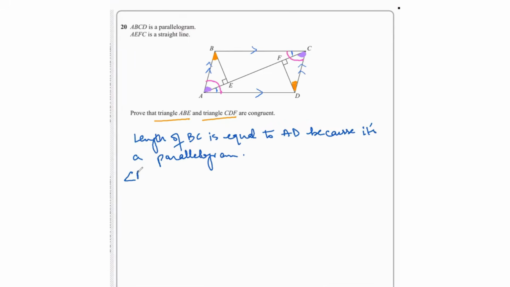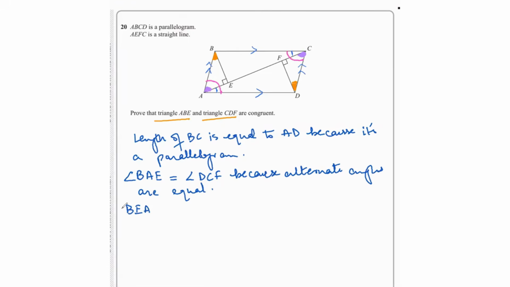Angle BAE is equal to angle DCF because alternate angles are equal. BEA is equal to DCF equals to 90 degrees, common angle.